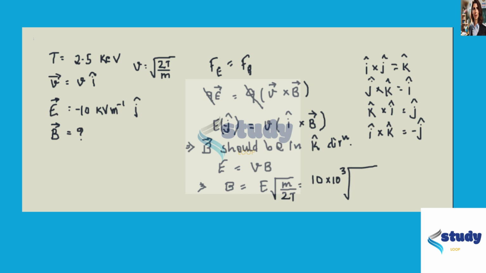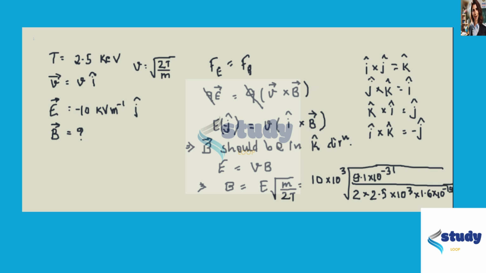Root under, what is the mass? Mass of electron is 9.1 into 10 to the power minus 31. And what is kinetic energy? So 2 times 2.5 into 10 to the power 3, right? Now what is the charge of electron? Into 1.6 into 10 to the power minus 19.